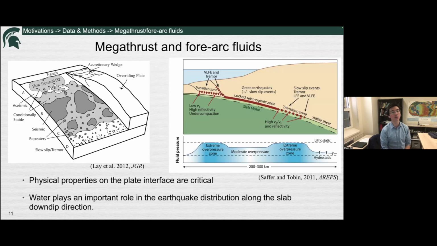For a long time, we always try to look at the plate interface. This cartoon model has been cited, I don't know, thousands of times.